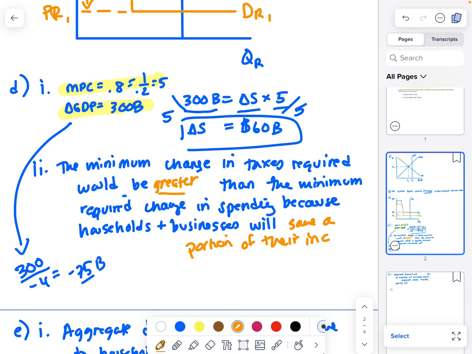So this is suitable for an answer, but if you wanted to put in the minimum change in taxes would be greater than or 75 billion, because households will save a portion of their income, you need to have this because reason in here to get those points awarded to you. Okay, so that's really important to the answer of the question.